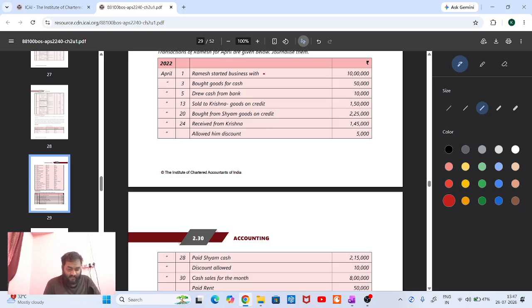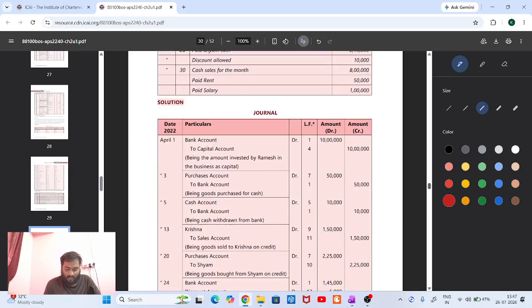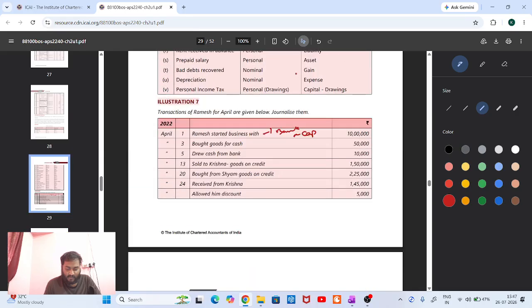Capital brought to bank account, debit bank account, credit capital account. Bought goods, goods purchased, purchases to cash. Drew cash from bank. So we get cash and our bank balance reduces.